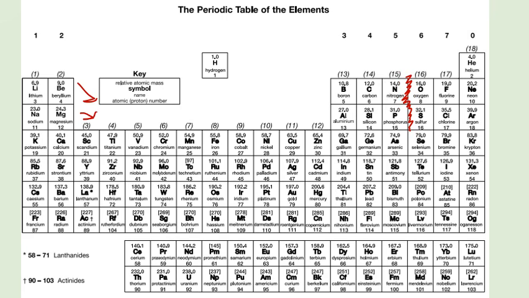We explained that using a new subshell, and we explained the drop from nitrogen to oxygen or phosphorus to sulfur due to electron pair repulsion. So the drop between 5 and 6 is electron pair repulsion. The drop between 2 and 3 is the new p subshell, which is higher in energy.